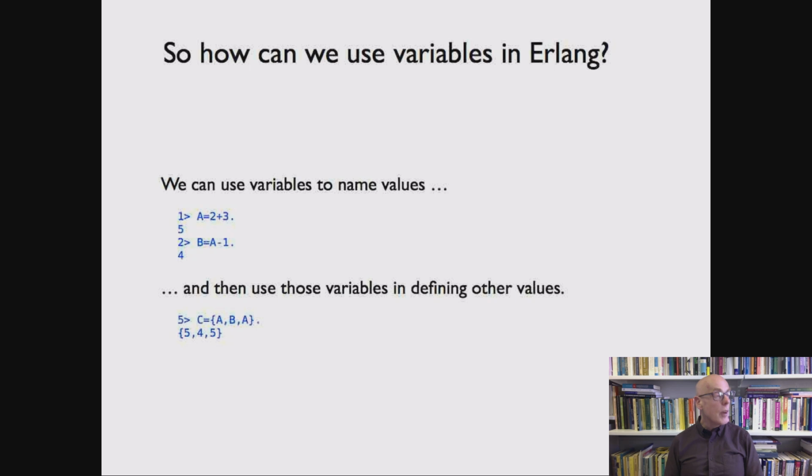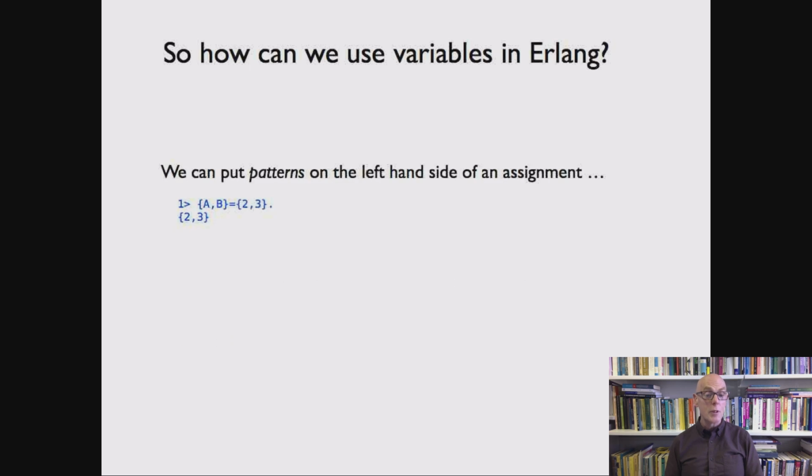So variables in Erlang are names, and they're not names that change. Each variable is associated with a fixed value. So they're much more like definitions than they are locations whose value changes in order to make a computation happen. So they are names.